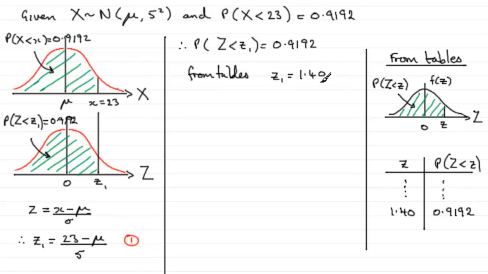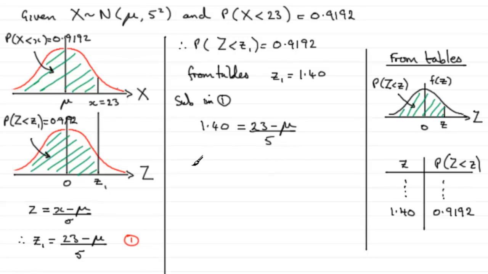So all I need to do is just substitute this into equation 1, and if we do that we're going to find that we can work out what mu is, because we've got 1.40 equals 23 minus mu over the standard deviation 5.